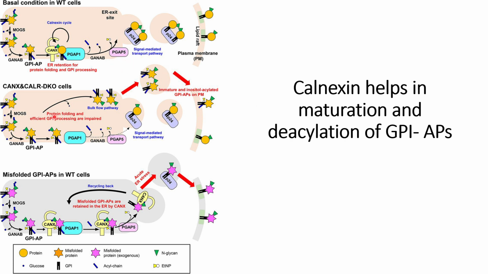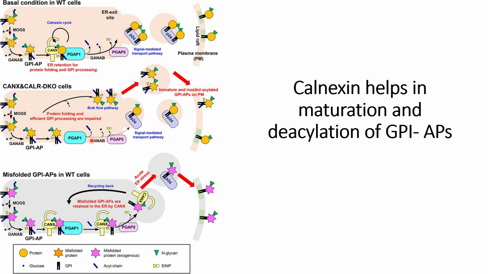And if the cell line does not have both Calnexin and calreticulin, what will happen is that the translated proteins will interact with MOGS and GANAB and this GPI-AP also. However, it is still in the immature form, or it has misfolded structures.